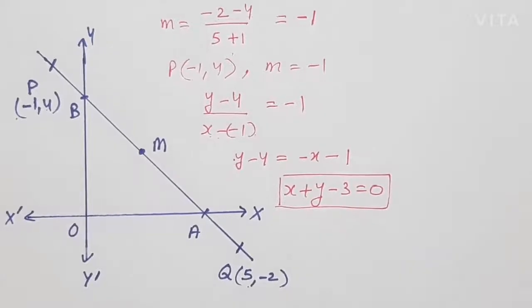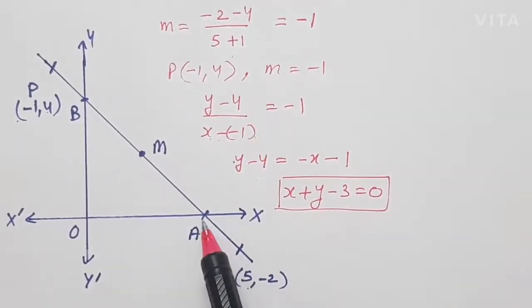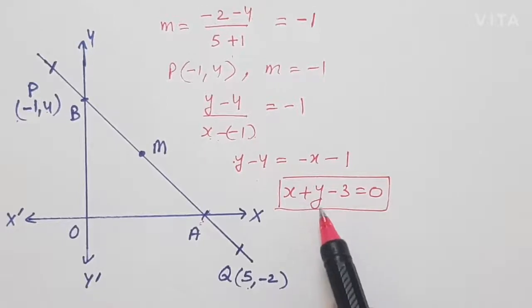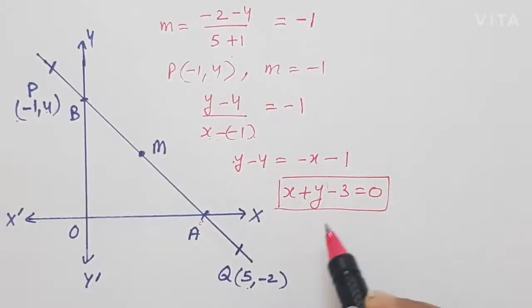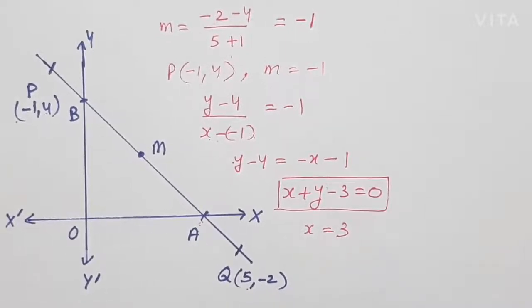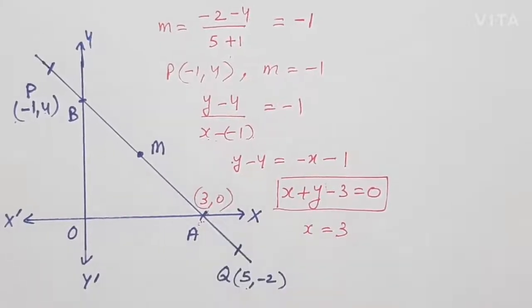Now students, you can see that point A is lying on the x-axis. Since point A is lying on the x-axis, here y is 0. So let us put y equal to 0 in the given equation. What will you get? You will get x equal to 3. So therefore, the coordinates of A are (3, 0).